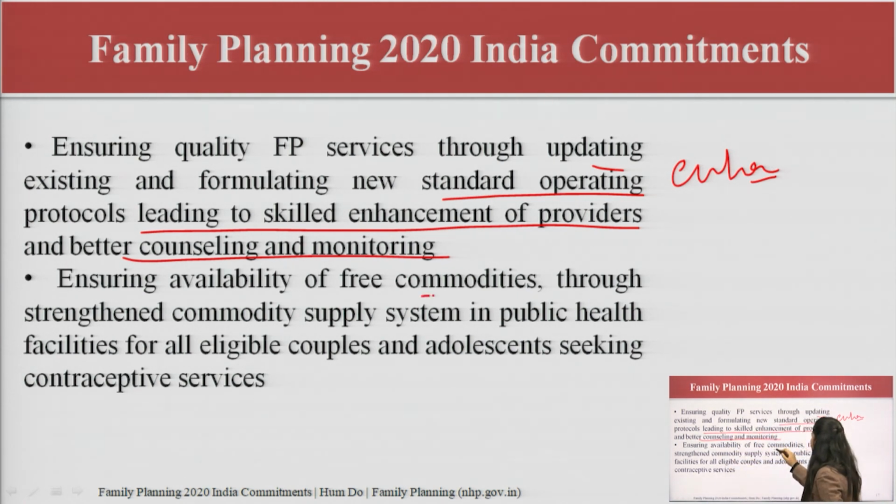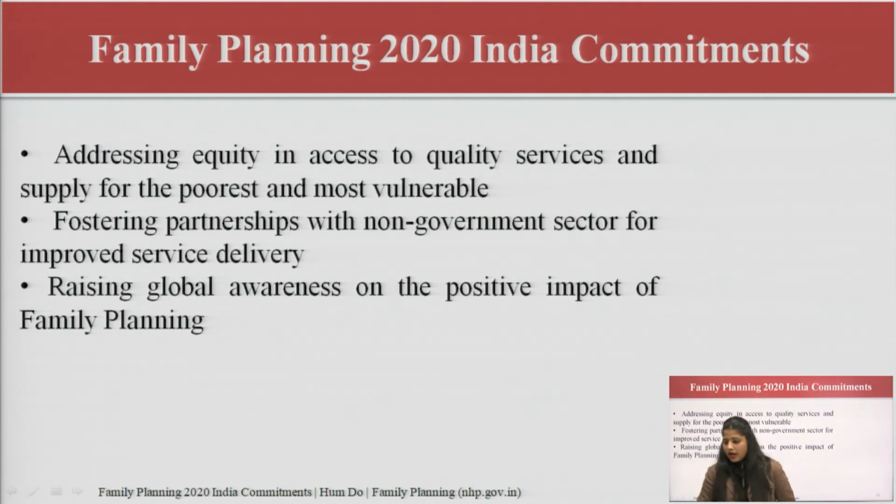Ensuring availability of free commodities through a strengthened commodity supply system. So the contraception supplies should be at all of these healthcare centers, then only can eligible couples avail them. Now, addressing equity.